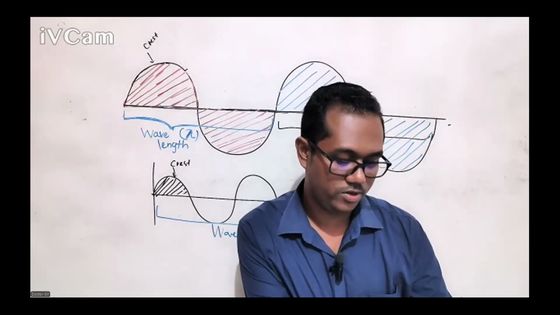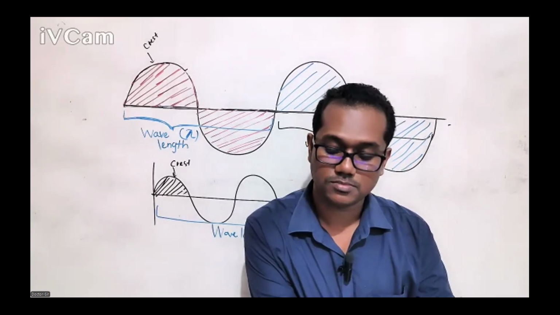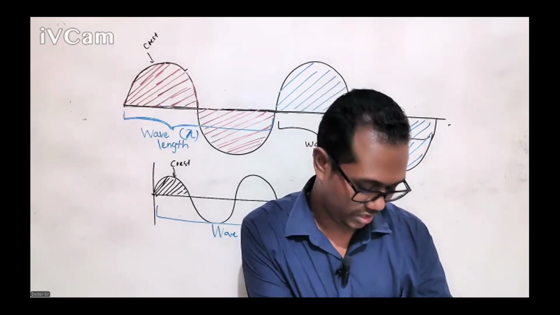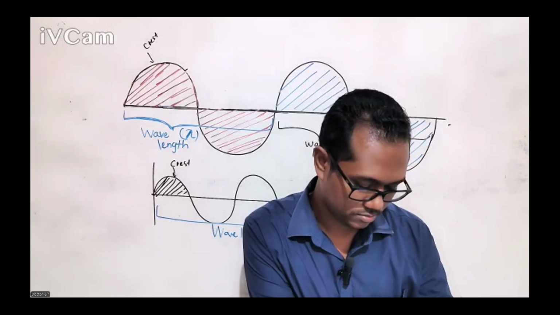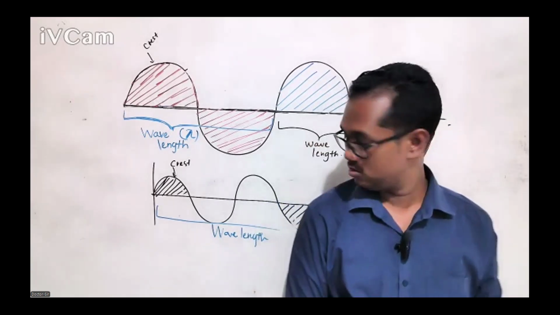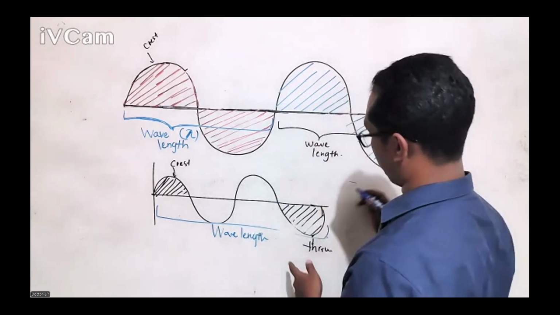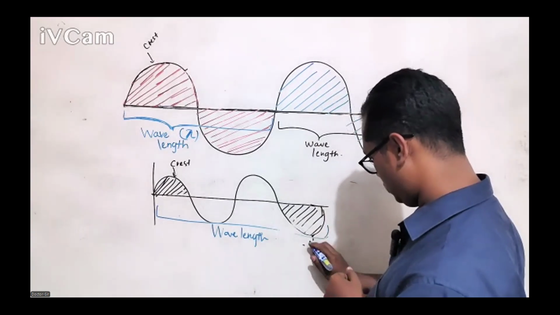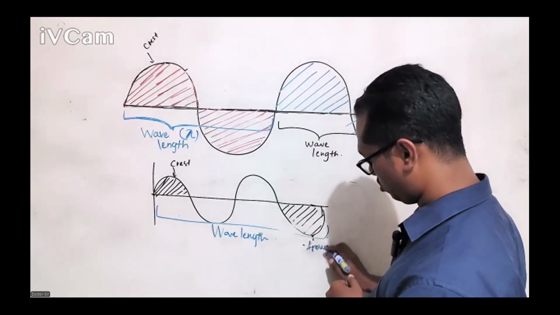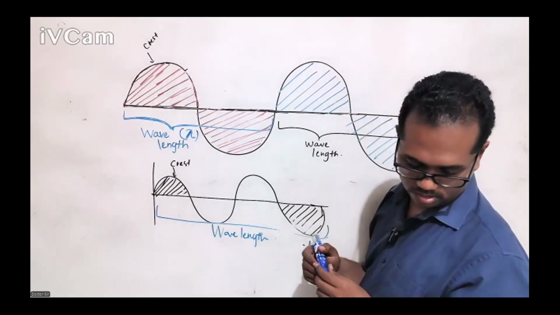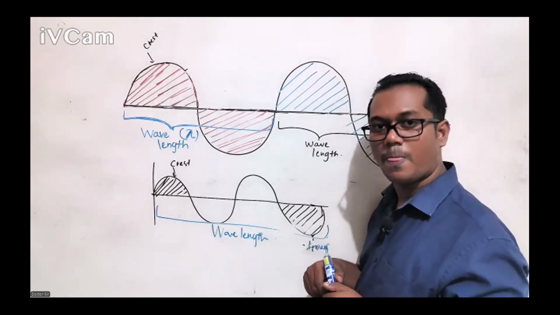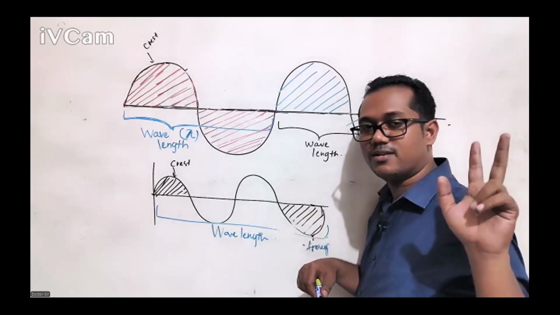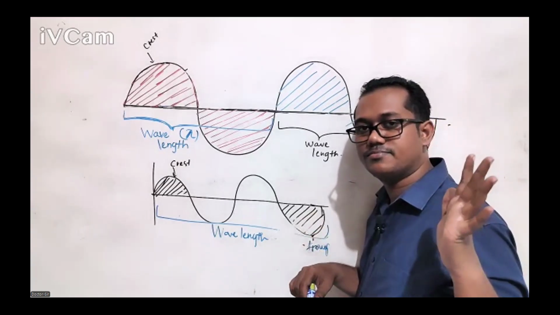So how many of you are telling the second answer is correct? The distance between a crest and a trough of a transverse wave. Trough, right? How many of you are telling the second one is correct?